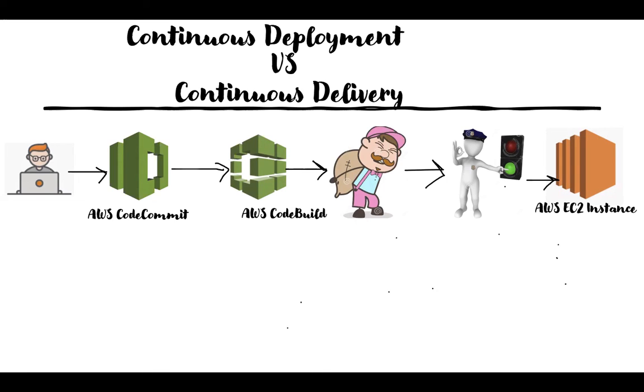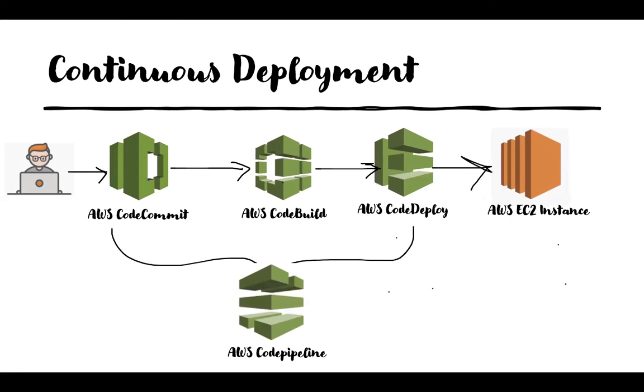It means we are manually moving the code to the production environment by asking for manager approval, or going to CAB review and getting approval from higher management. But if we set up an automated process by using AWS CodePipeline, it is called continuous deployment.